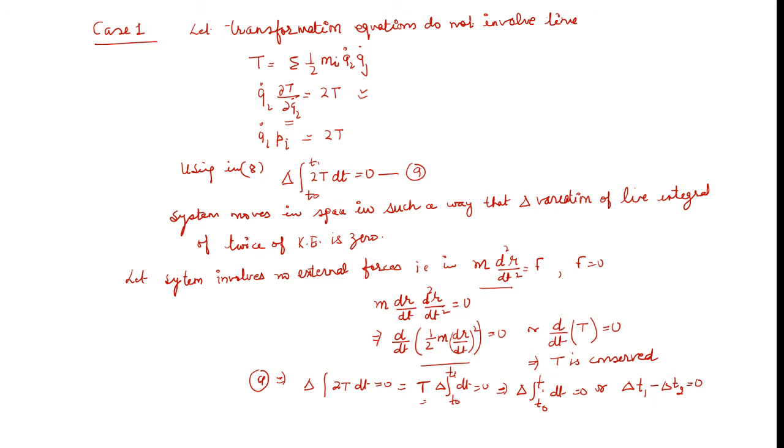This is Fermat's principle of geometrical optics. What the principle says is that the light ray travels between 2 points along such a path that the time taken is least. That is Fermat's principle of least time.